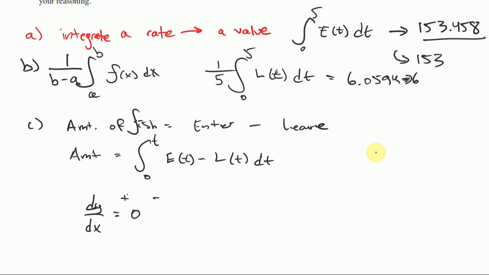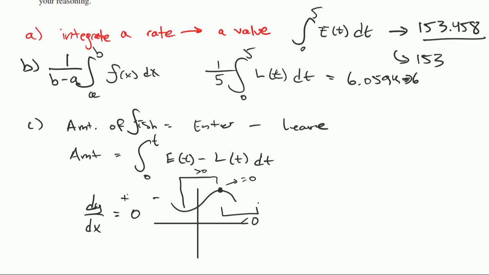If we draw our coordinate axes, it might look something like this, where we're going from positive to negative. Here, the derivative is positive, and here it's obviously less than 0, but here it's equal to 0. And we know if it's going from positive to negative, then it must be a max.